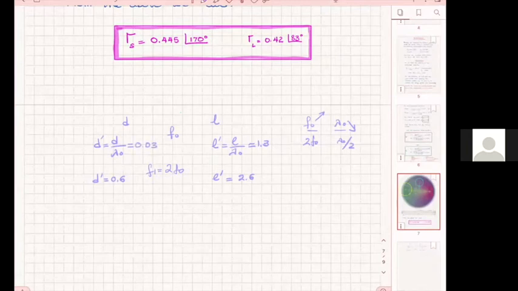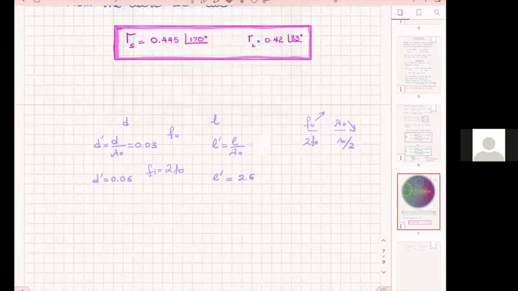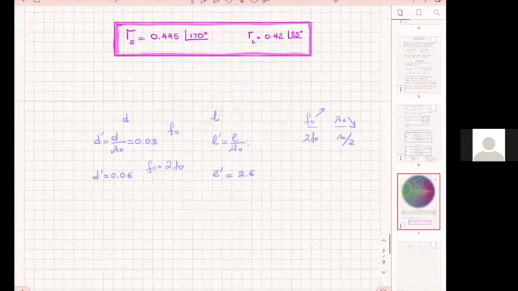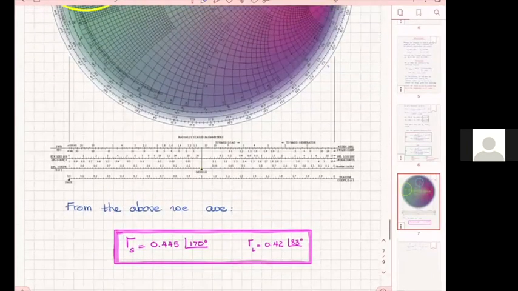So then this one becomes 0.03, 0.06. And I make that 0.3 just for simplicity, and that becomes then 0.6 here. From 0.03 to 0.06.